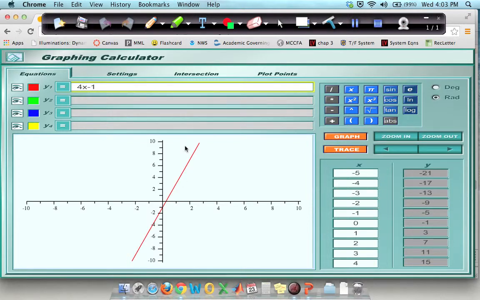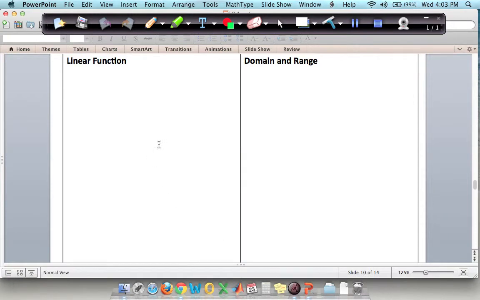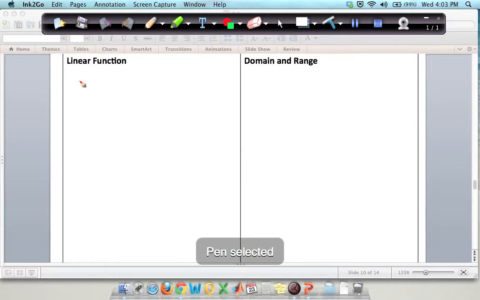I said the -1 was the y-intercept and the slope was 4, which means from there you went up 4 over 1. But it went ahead and graphed this for me. So let's draw a rough sketch of this. So we had f of x equals 4x minus 1.